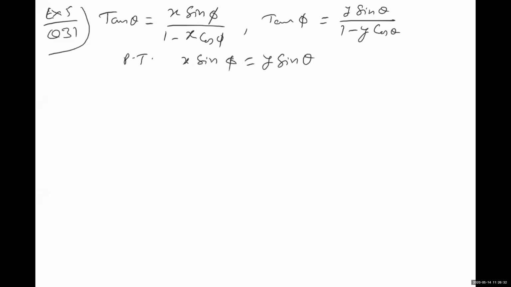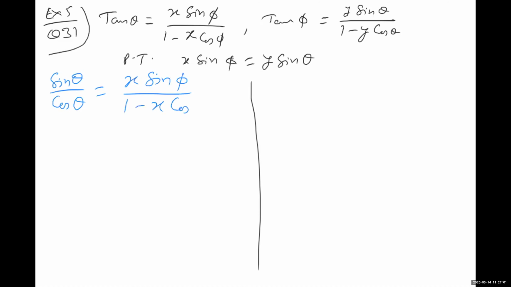X sine phi is equal to y sine theta. So in this, if you observe carefully, there is nothing much for solving here, because you cannot substitute value of theta, also you cannot convert in tan theta or sine theta form, etc. So what you will do, convert tan in sine and cos. That means right here, solve separately both sides. Sine theta upon cos theta is equal to x sine phi upon 1 minus x cos phi.